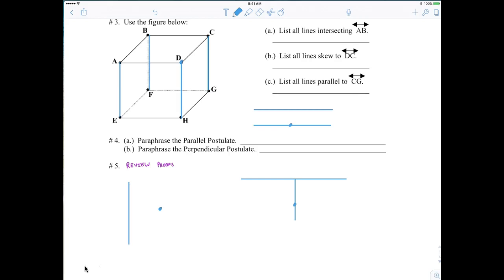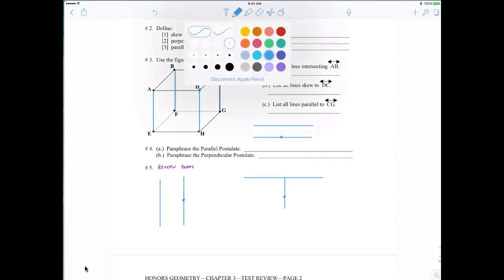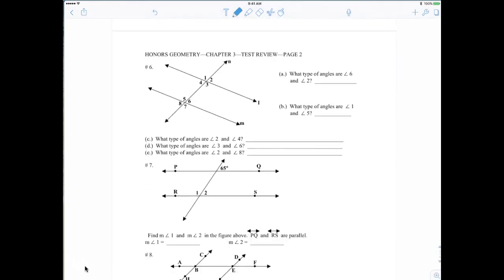That's what it's saying. And the same thing with perpendicular, right? But honestly, I'm really not going to include that tomorrow, so if you want to get rid of that, that's perfectly fine.